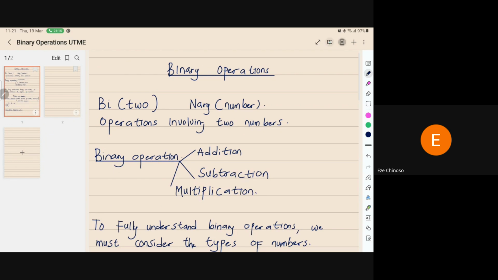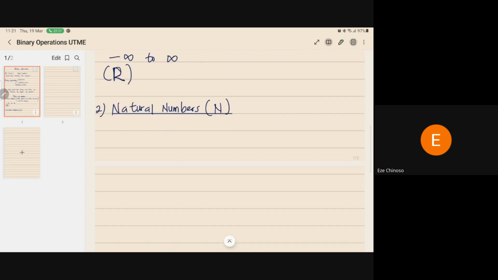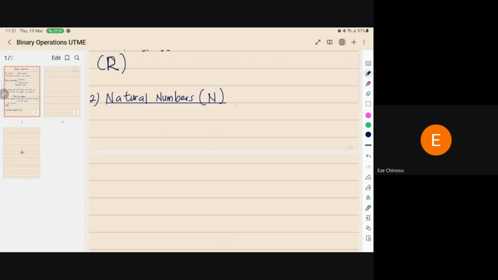And natural numbers is your counting numbers starting from one, right? So it is simply what? Counting numbers starting from one.